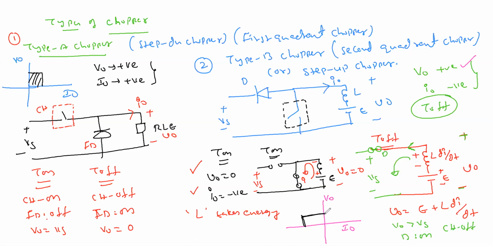I0 is negative, V0 is positive. This is where it's operating. Okay. Please copy this.